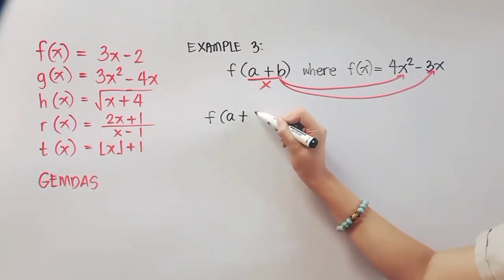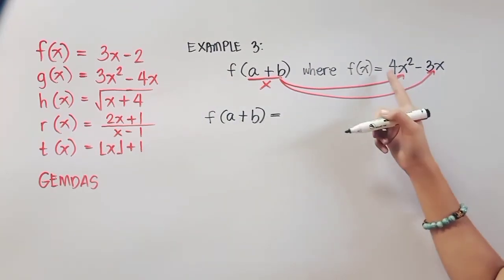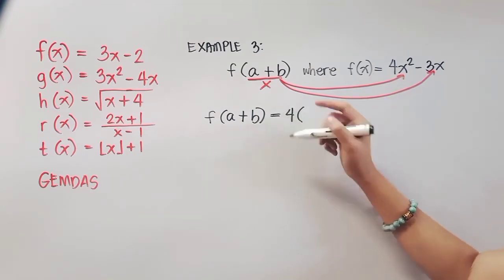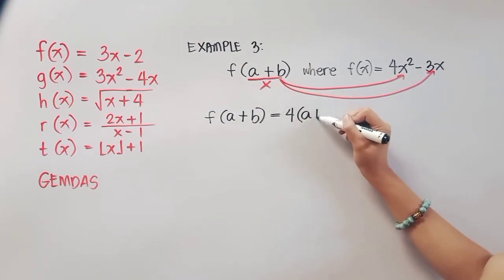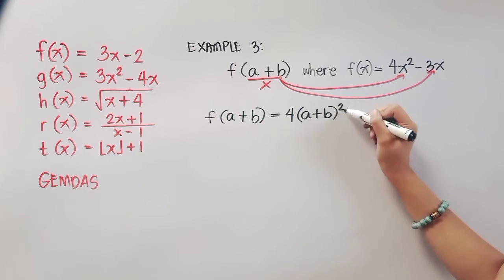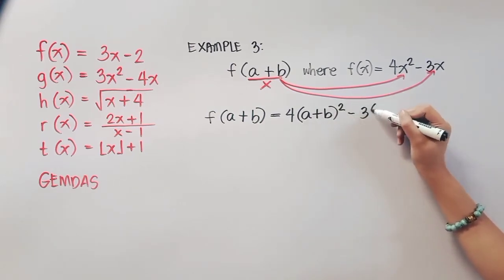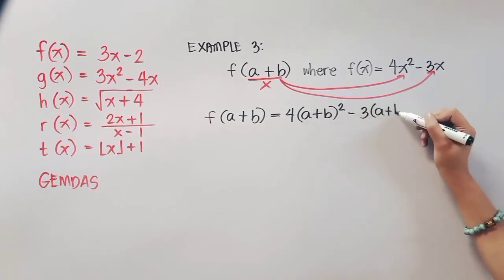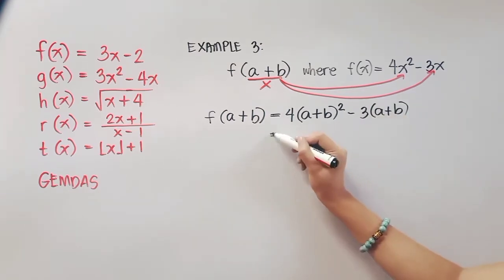So we'll just rewrite. This is equal to copy 4, and then a plus b is the value of our x, squared that one, minus copy 3, and then a plus b again.